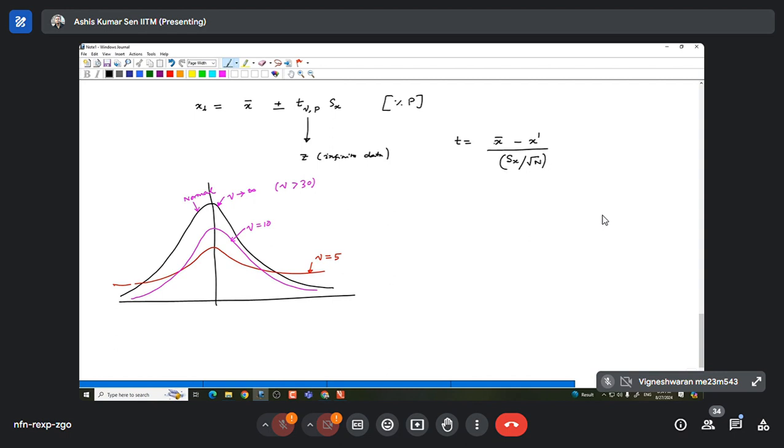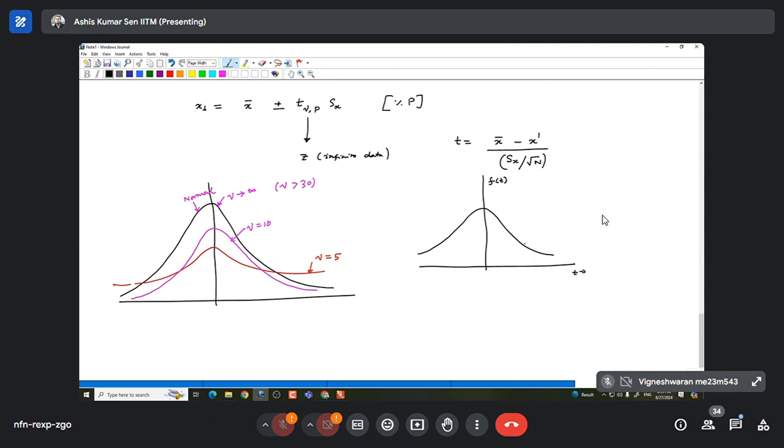Now if I draw the characteristics of the t distribution, this is f(t) and this is t. We said this is going to be relatively flatter compared to the normal distribution curve.